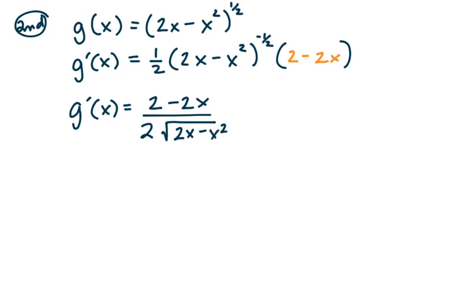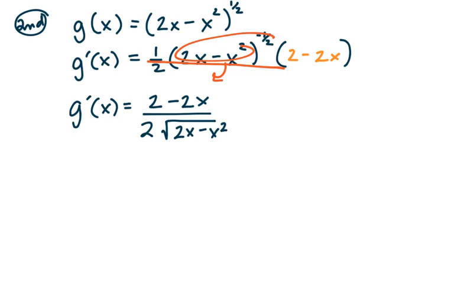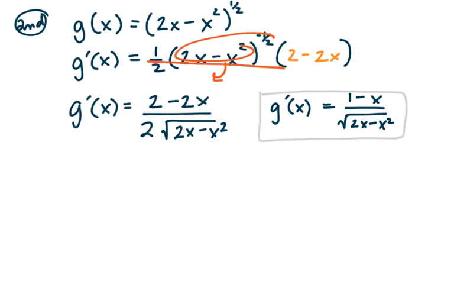So this stayed up in the top, and this piece came to the bottom. And just because I prefer, we can clean this up a little bit. I can factor a 2 out of the top and a 2 out of the bottom, and those will cancel. So I've got (1 minus x) over the square root of (2x minus x squared). So we found our derivative, and we need to see where our derivative is equal to 0 and where the derivative is undefined.